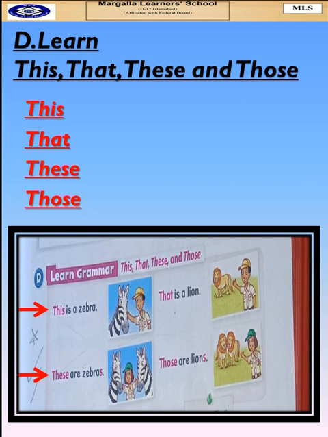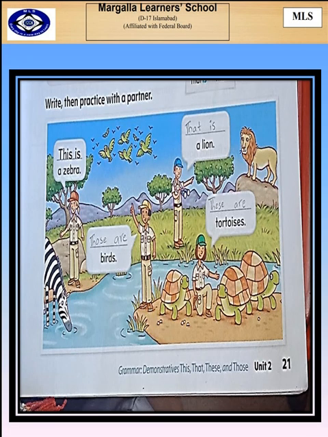If something is present far away and that thing is only 1 in number and you are pointing out towards that thing, you are going to use that. That is a lion. If there are 2 or more than 2 things which are present far away and you are pointing out at those things, you are going to use those. Those are lions.